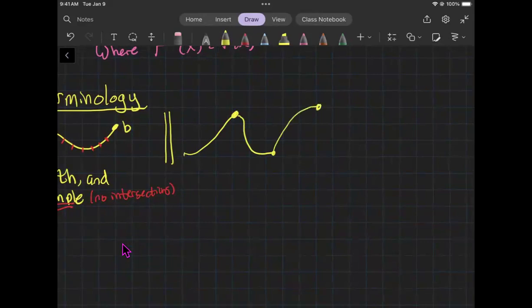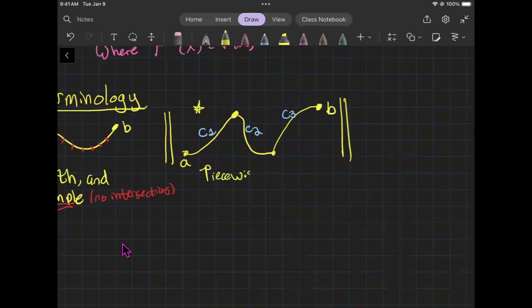So if I have a point A and I end at point B here, and these curves are defined separately, then this example of a curve right here is an example of a piecewise smooth, simple curve.